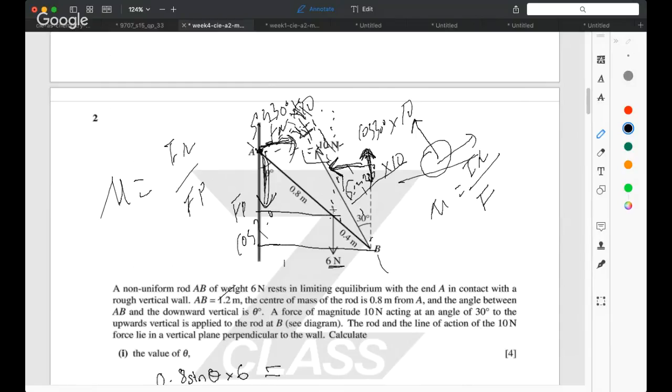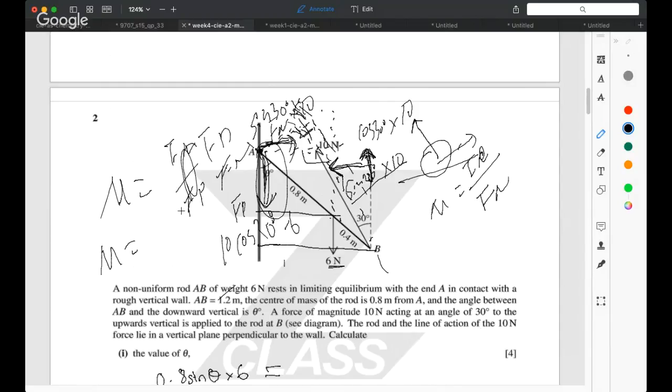But you also have a weight here, which is pulling it downwards. So cos 30 times 10 minus 6 is equal to that force. So mu is basically equal to, yes, it's the other way around, Fp over Fn. So the coefficient of friction is equal to the friction force over the reaction force.